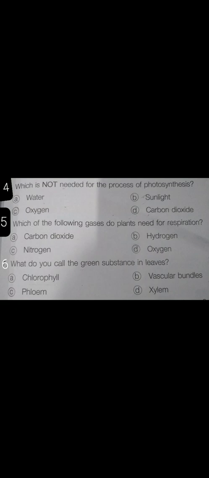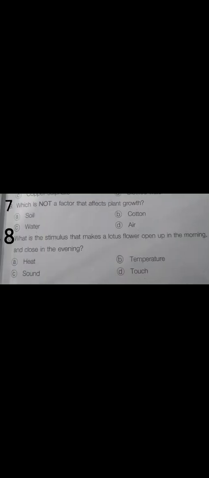A, chlorophyll. B, vascular bundles. C, phloem. D, xylem. Number seven, which is not a factor that affects plant growth? A, soil. B, cotton. C, water.